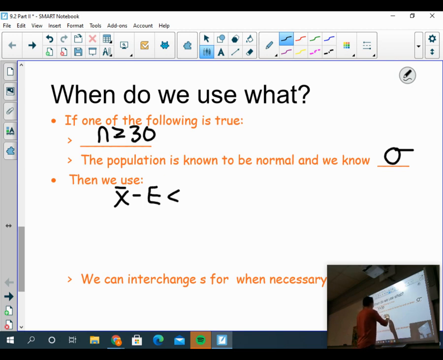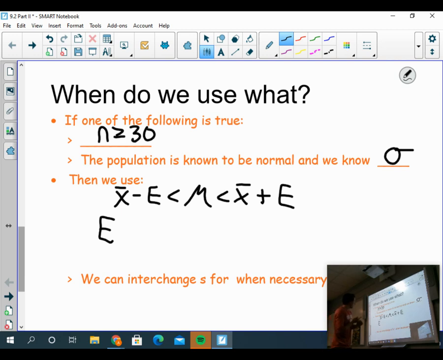And really what's changing here for our formula is how we calculate the error. If we know the population standard deviation, given that the population is normal, and we have a sample size greater than or equal to 30, then we can find our critical value on the standard normal curve. And we can multiply that by our population standard deviation divided by the square root of the sample size.